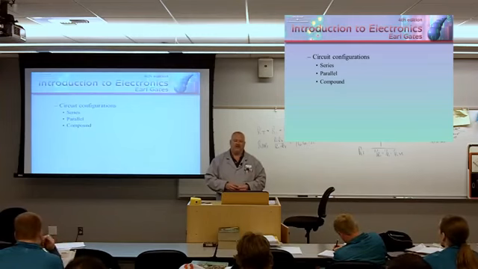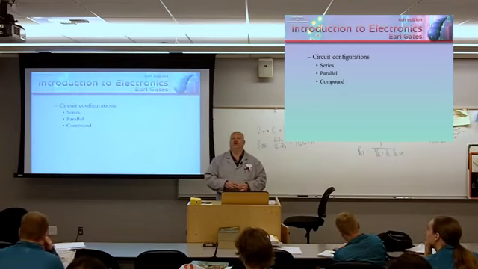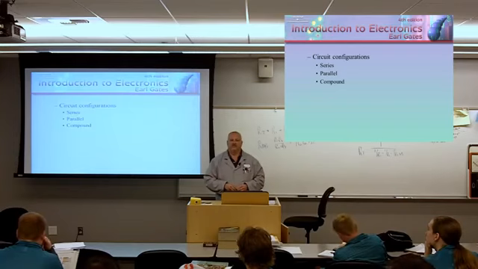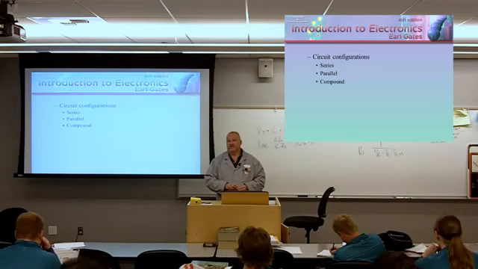And then finally we talked about circuit configurations. First was a series configuration. In a series configuration, how do I determine total resistance? Simply add it up. It's additive. In a parallel circuit, how do I determine total resistance? Add up the reciprocals. Sounds like I'm adding up the conductivity of the paths.